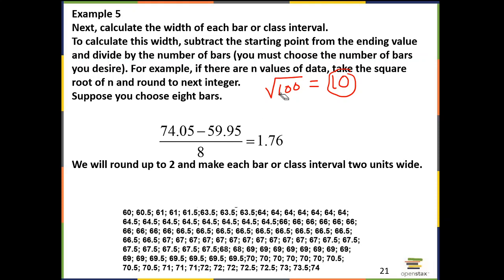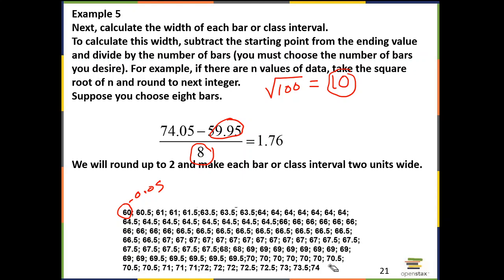Again, you're told how many bars to use; you don't have to decide. But if you're doing an application problem yourself, you decide, maybe from 5 to 15 bars.